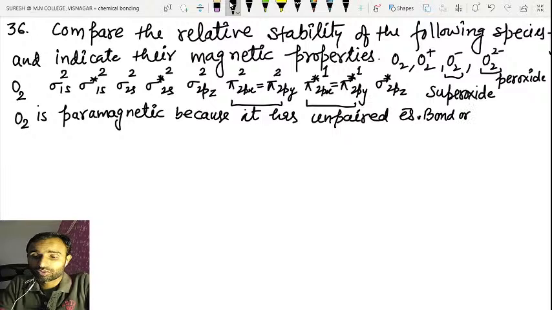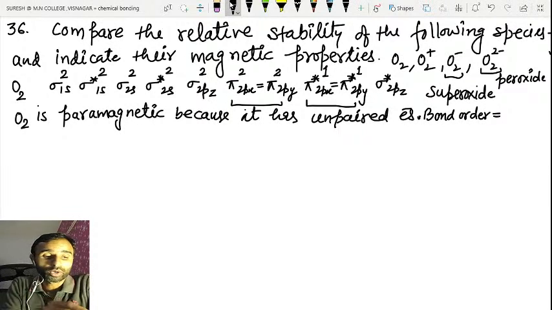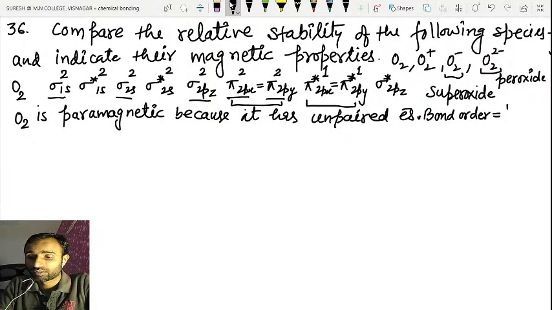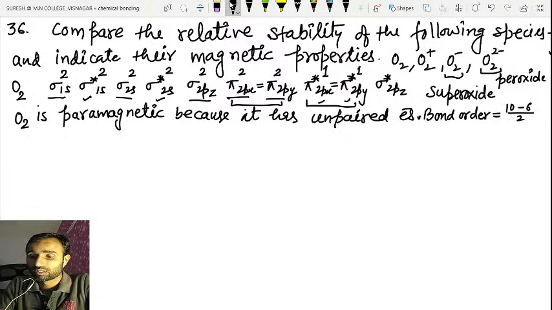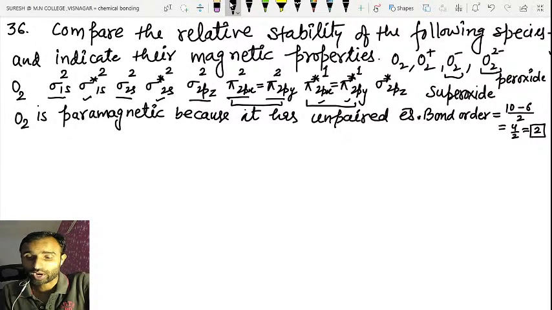Bond order is equal to bonding minus anti-bonding divided by 2. Bonding 2 plus 2, 4, 6, 8, 10. 10 minus 2, 4, 5, 6. So that is 2. Bond order is 2. So O2 is paramagnetic because it has unpaired electrons and bond order is 2.